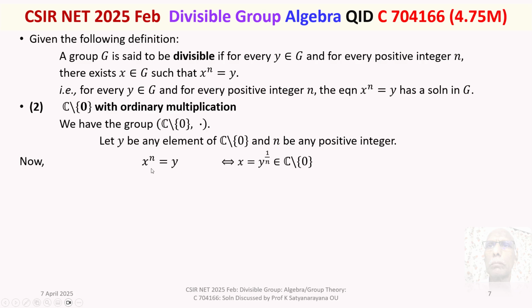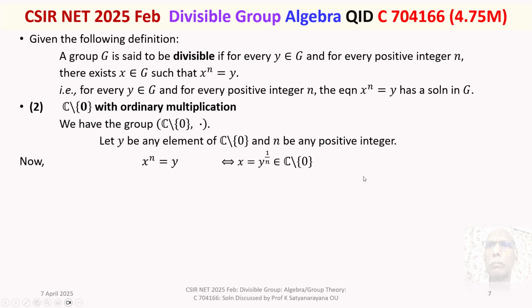So, the equation x power n is equal to y has a solution in C minus singleton 0. The solution is x is equal to y to the power of 1 by n. The nth roots of a non-zero complex number always exist. They are n in number. So, x power n is equal to y implies and is implied by x is equal to y to the power of 1 by n belongs to C minus 0.